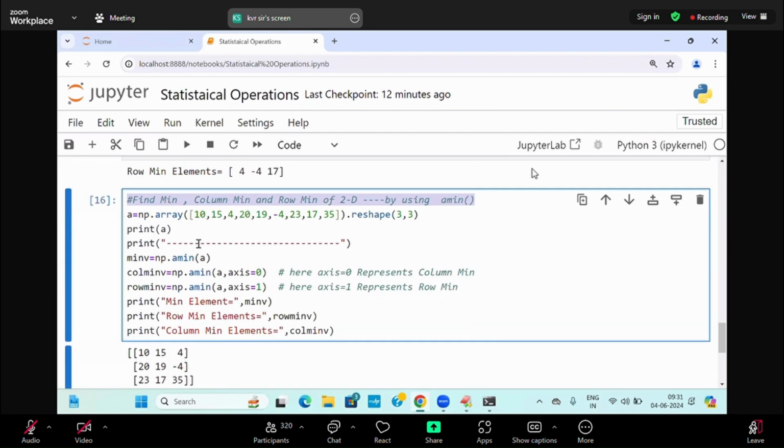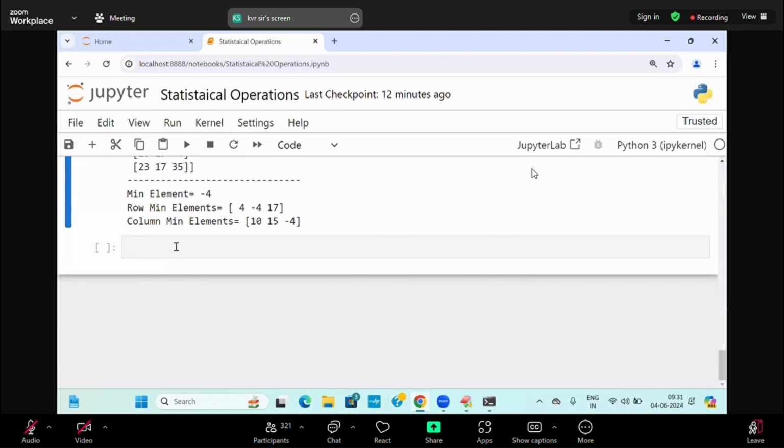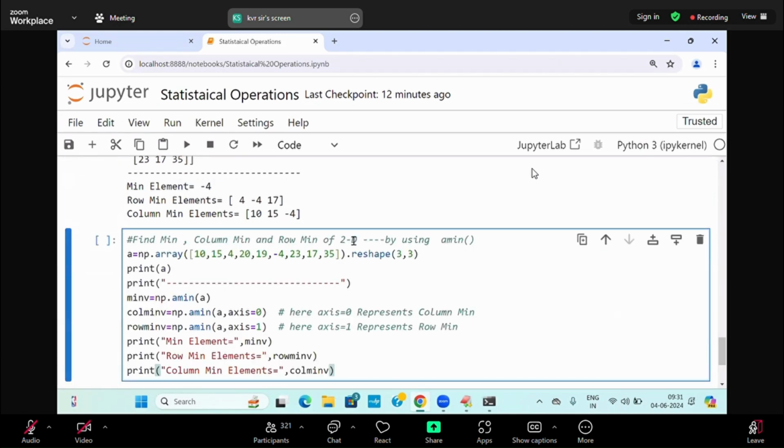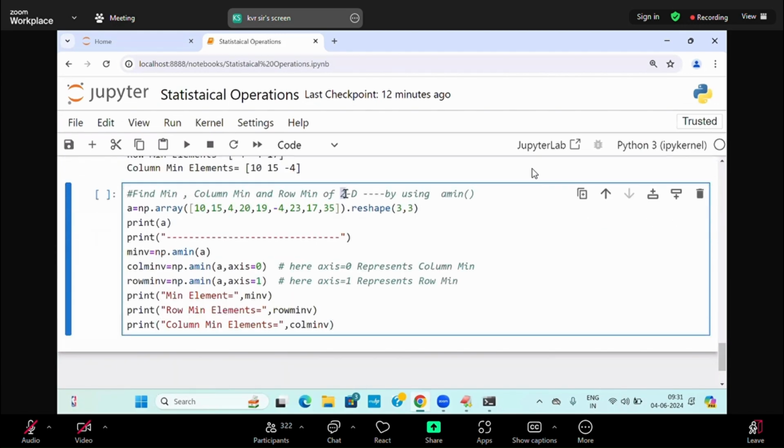I'll try to write this data, and try to apply it for 3D ones. 3D I am writing. I'll take it as what? 9 elements are there. I will add some more elements, 16, some 25, and say something like some 8. How many elements totally? 9. One more element I will add, some 35.